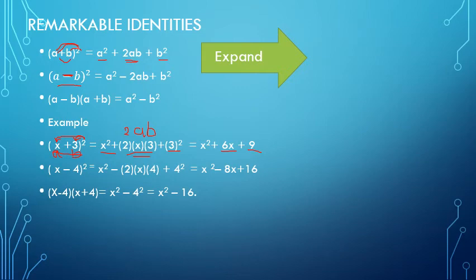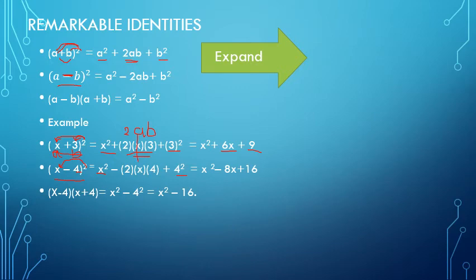The explanation of this one is similar to the first one, but we're going to study the example. x minus 4 all squared. We move the square to x, and the answer will be x squared. 4 squared is the third term, and the middle one is 2ab as in the first example.